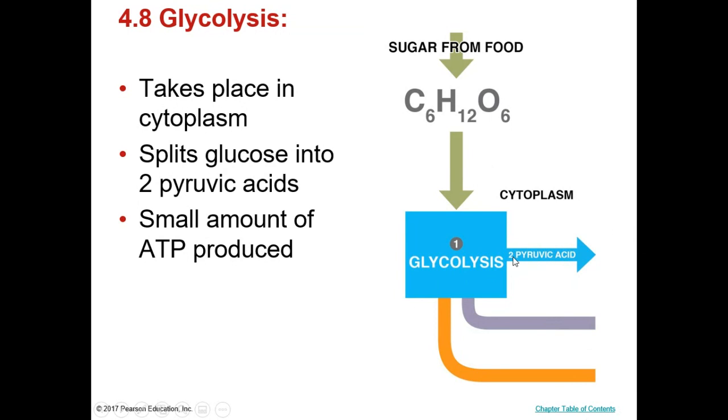Okay, so here's more or less what happens here. The reactants of glycolysis are C6H12O6, which is glucose, and then enzymes, which are another reactant of glycolysis. There are many different enzymes that play a role in glycolysis. We're not going to go over all of those enzymes, but just know that glucose is broken down by those enzymes to produce NADH and pyruvic acid.